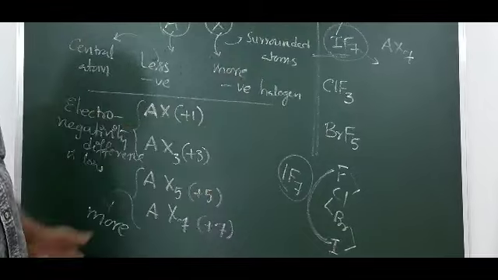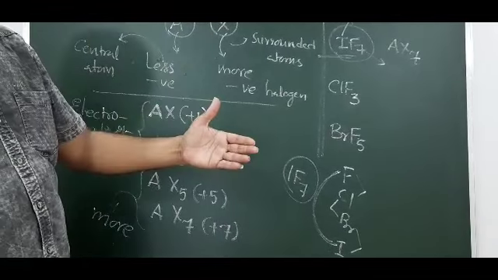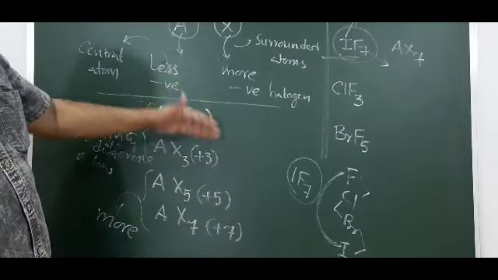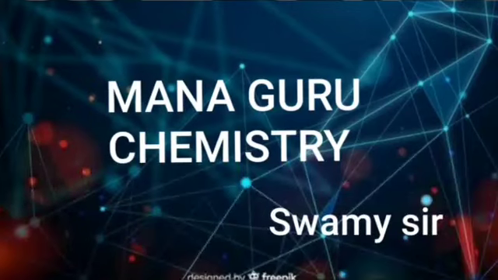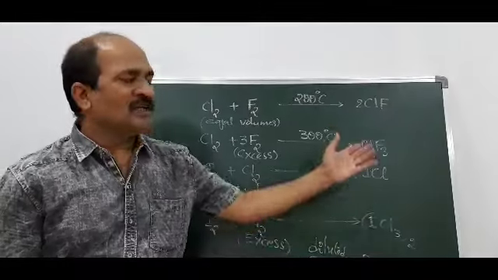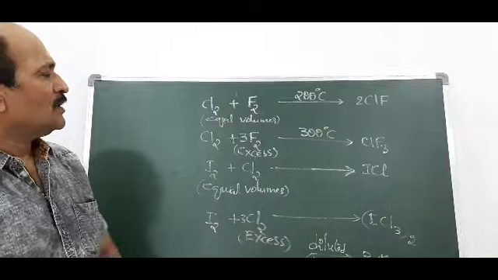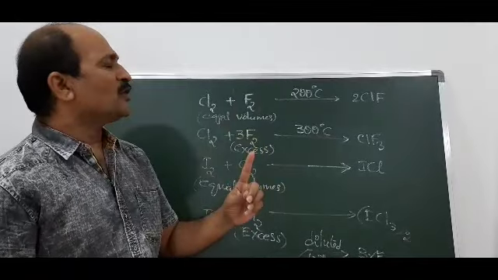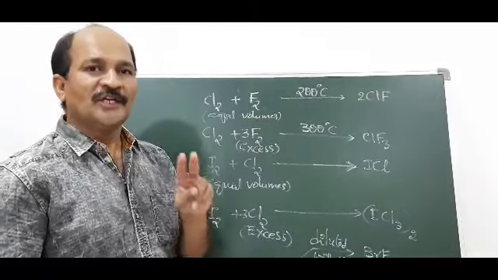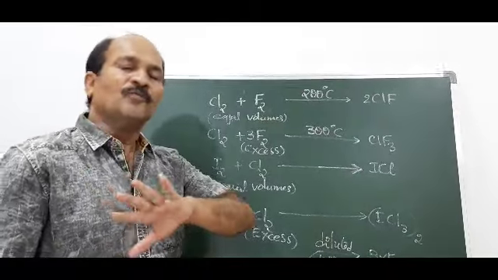Now let's see the properties, and how we can prepare those interhalogen compounds, in the next session. Students, how are the interhalogens prepared? You have to remember one important point. Interhalogens are formed by the combination of only two types of halogens, not more than two types.